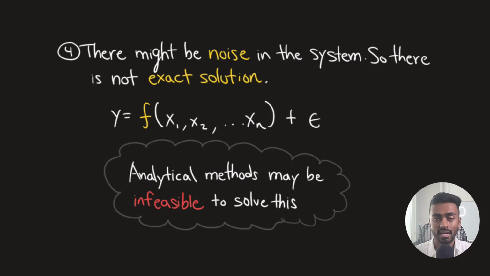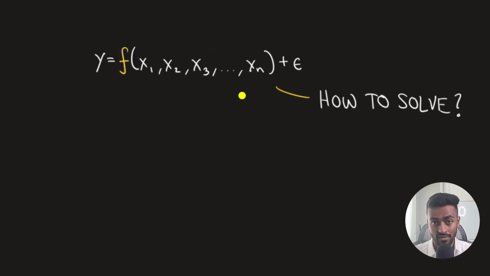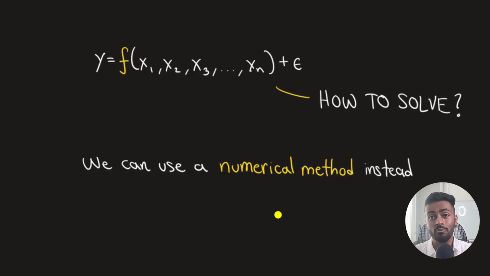In this case, an analytical method may not be feasible for finding the parameters. In order to solve this equation, that is, to understand what the values of those individual parameters could be, we could use a numerical method instead.